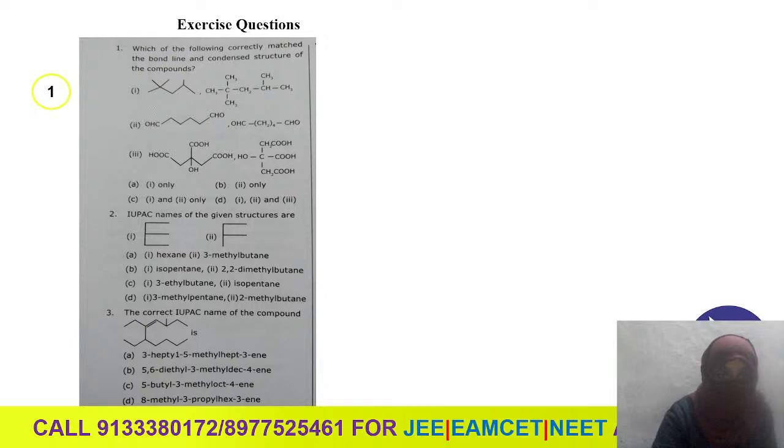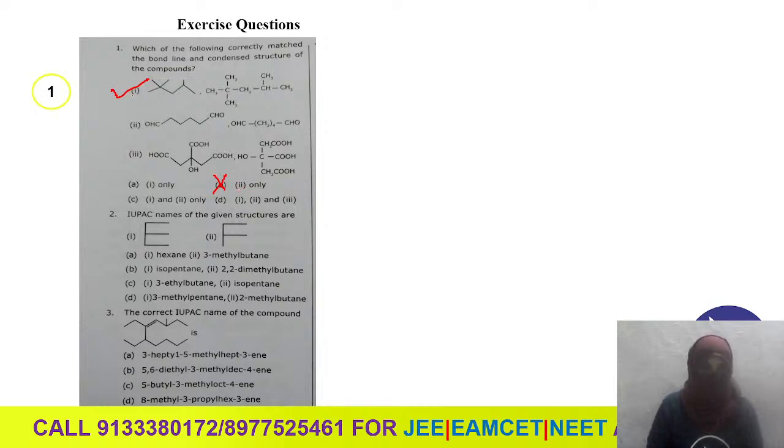because the bond line formula is matching with this condensed. I would say first is right, but you see there are options like A, B, C, D. They are telling, first is only right, second is only right. We'll see. Whenever such a thing occurs, please neglect the answers which are not possible. What I'll do here is I'll omit options like B, because B is telling 2 only.